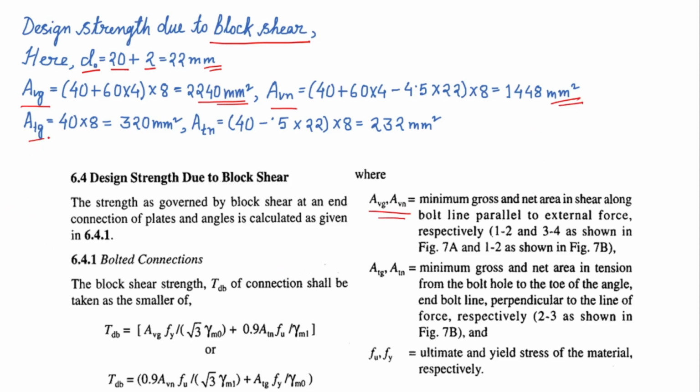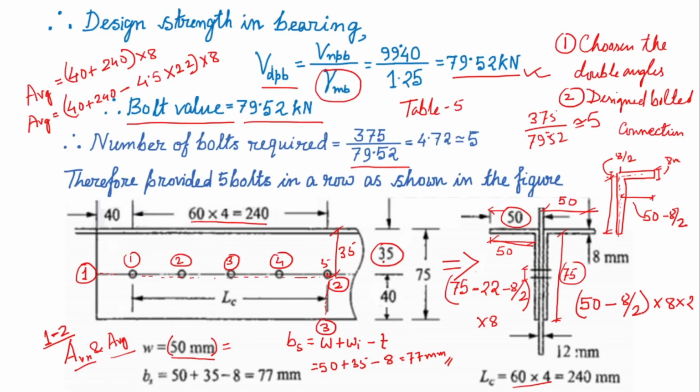Similarly ATG and ATN, their definitions are also given in IS code. If you see the figure, ATG and ATN are calculated in the perpendicular direction of the load acting, that is along 2, 3.